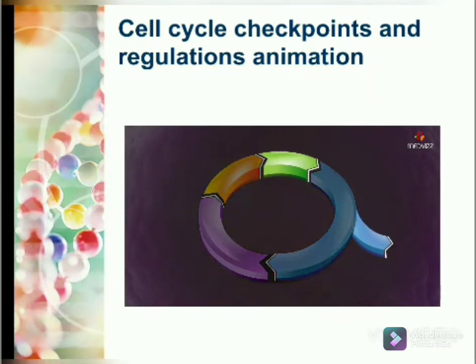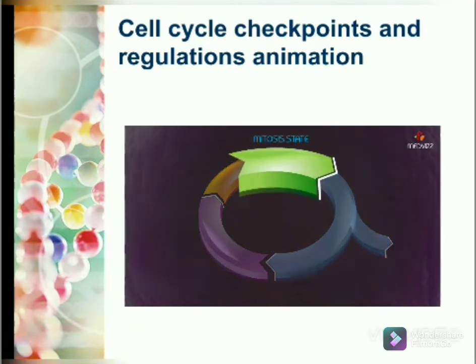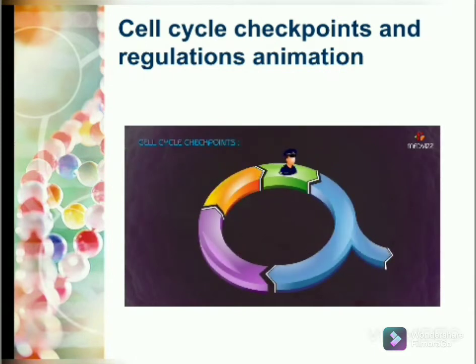The interphase state consists of G1, S, and G2 phases. And the mitosis state consists of the M phase. Prophase, metaphase, anaphase, and telophase occur during this phase. The three major cell cycle checkpoints are the end of G1, the end of G2, and during metaphase of the M phase.